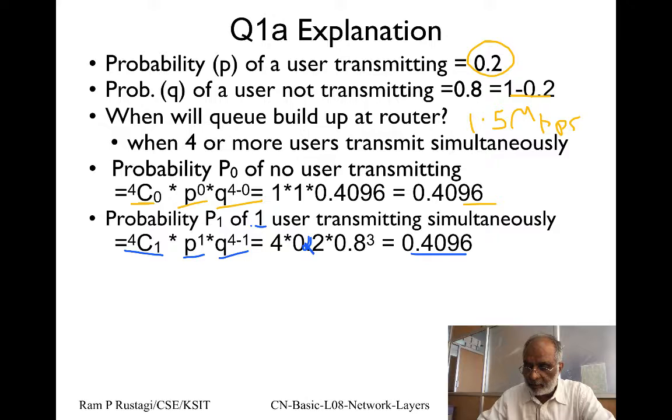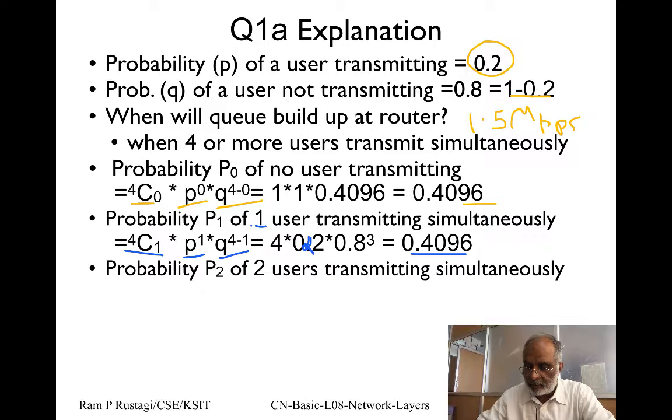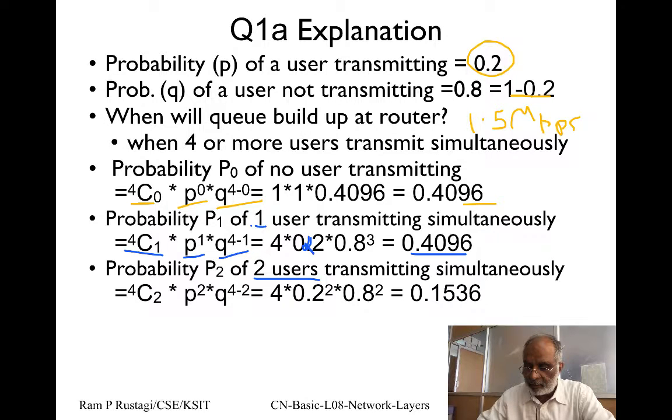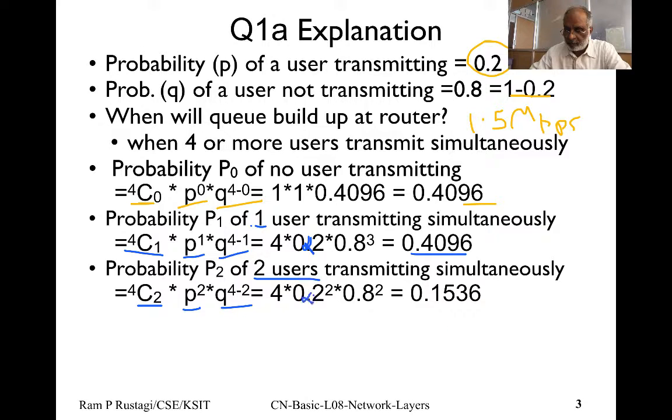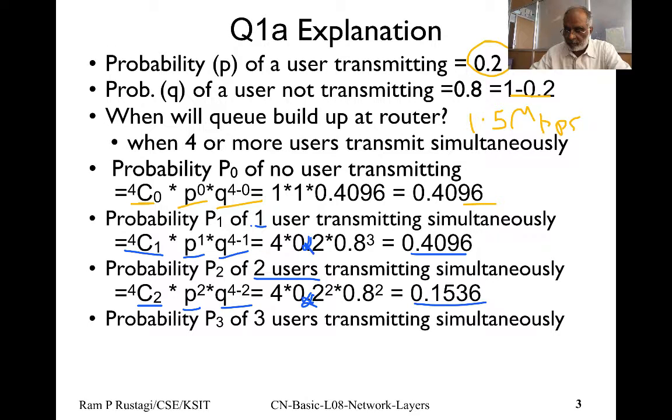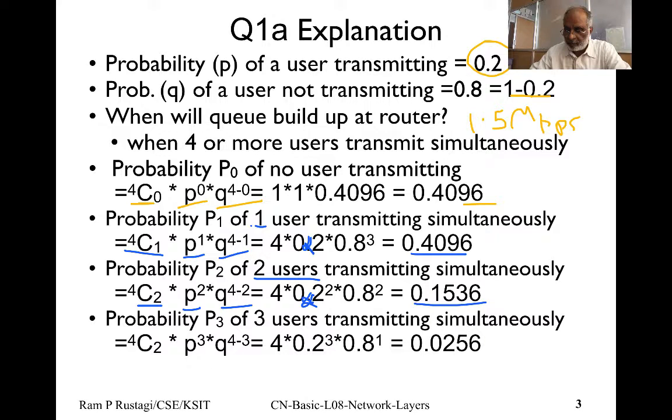Similarly, compute the probability of 2 users transmitting. So the probability of 2 users transmitting would be 4C2, P raised to power 2, Q raised to 4 minus 2, which will come to 0.1536. And the probability of 3 users transmitting simultaneously would be 4C3. Sorry, this should be 4C3, P raised to power 3, Q raised to 4 minus 3, which comes to 0.0256.